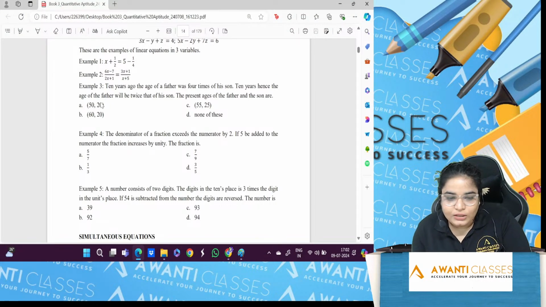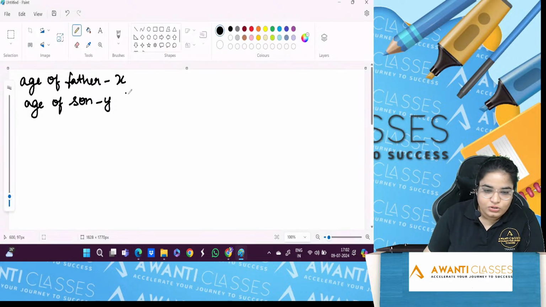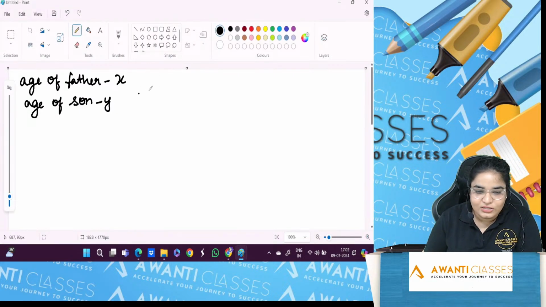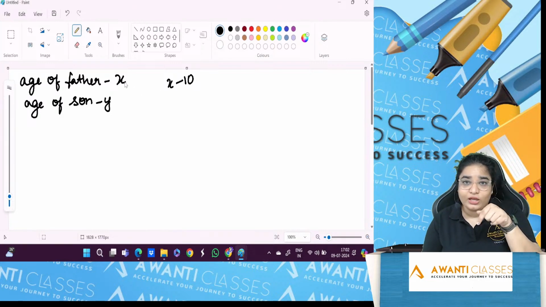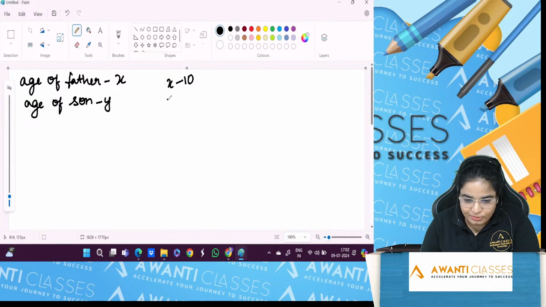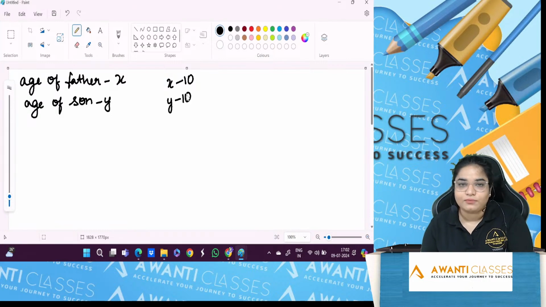Then what do they say? 10 years ago, the age of the father was 4 times the age of his son. So, age of the father 10 years ago is what? If age of the father today is X, 10 years ago it was X minus 10. Similarly, 10 years ago age of son was Y minus 10.